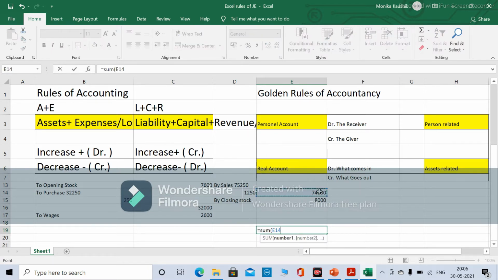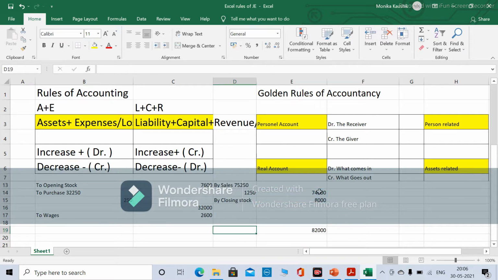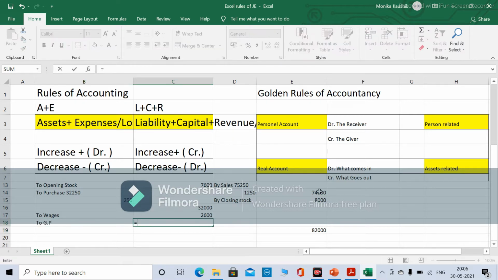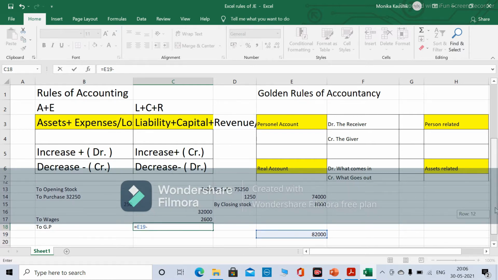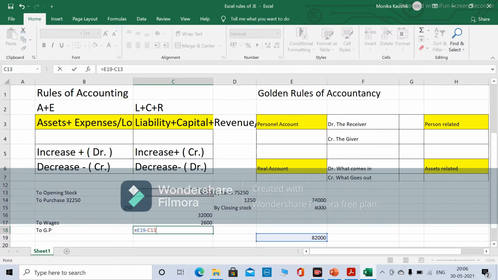Now total this side and this side. Here gross profit is equal to this minus all these items, minus this and minus this.